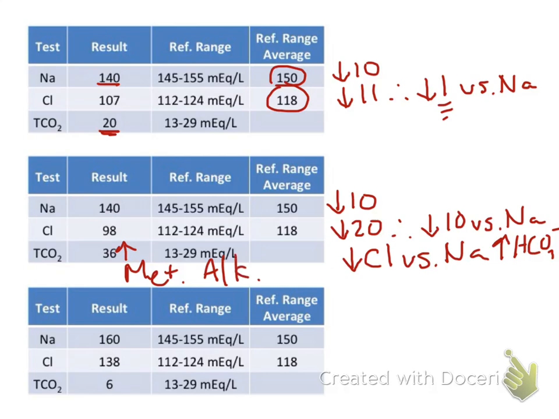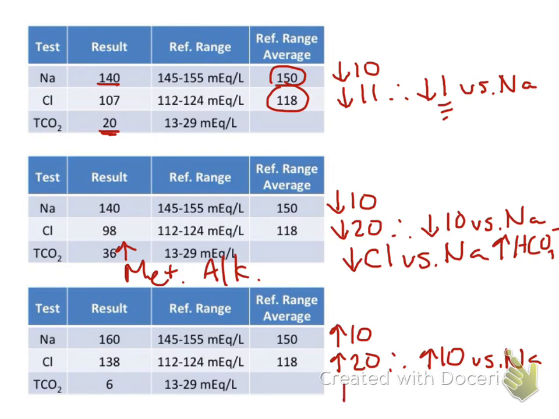In the last example, sodium is increased 10 units from its average, and chloride is increased 20 units from its average. Therefore, chloride is increased 10 units relative to sodium. And we do allow a 3-unit wiggle room for chloride to be away from sodium. However, 10 is greater than 3 units.